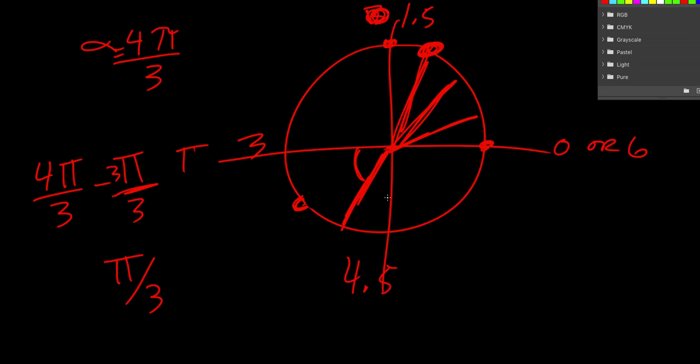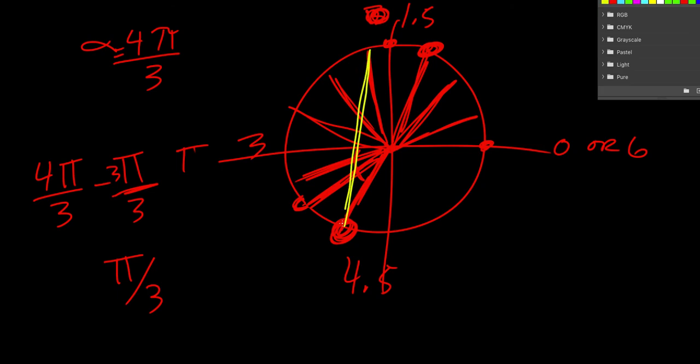Okay? Now, if we want to do our symmetry, so we have that, so we're right here. And then we have this, this, and this. The symmetry is going to line up with this point. So we go up to, let's see, I'll change colors to hopefully make that visible.